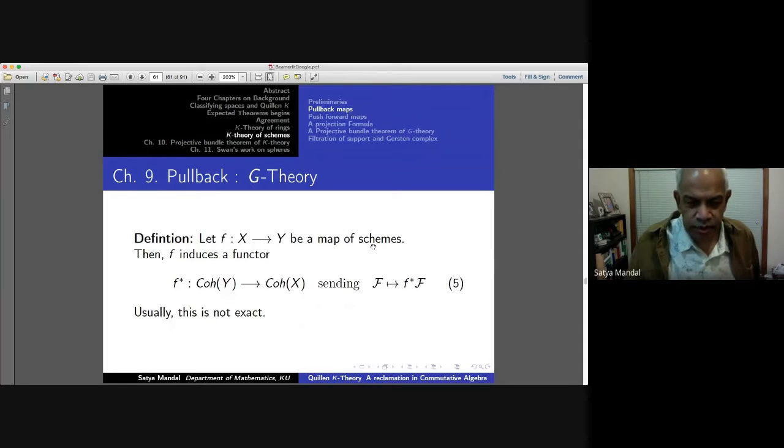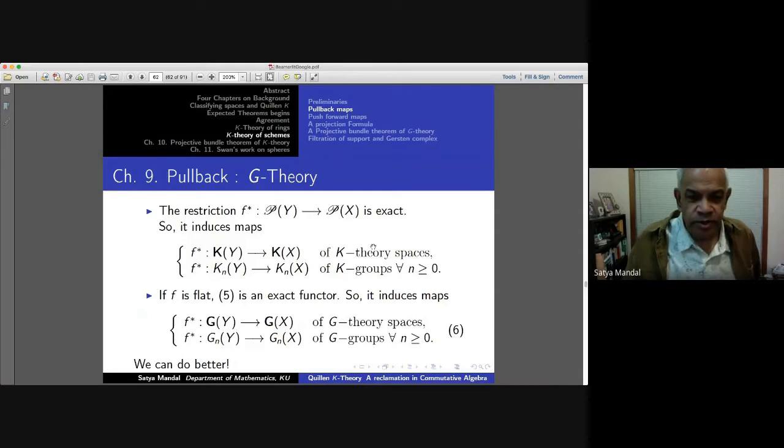If you're thinking of modules, I'm talking about the tensor product functor. This is not necessarily exact, but if you restrict this functor to the category of projective modules, it is exact, so you have a map of K-theory spaces. On the other hand, if f is flat, then this is also an exact functor on the category of coherent sheaves, so you have maps.